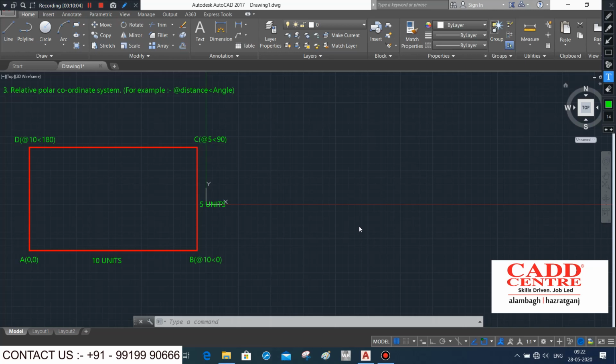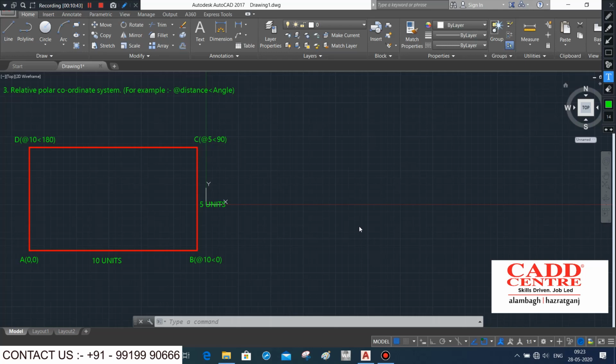Similarly, for point C, @5<90, distance covered is 5 units and the angle is 90 degree. For point D, the coordinates are @10<180.